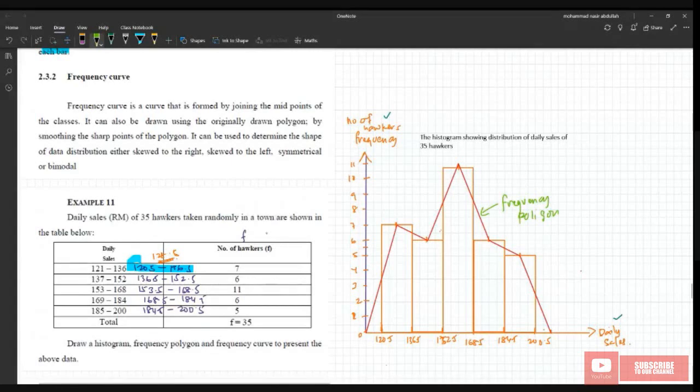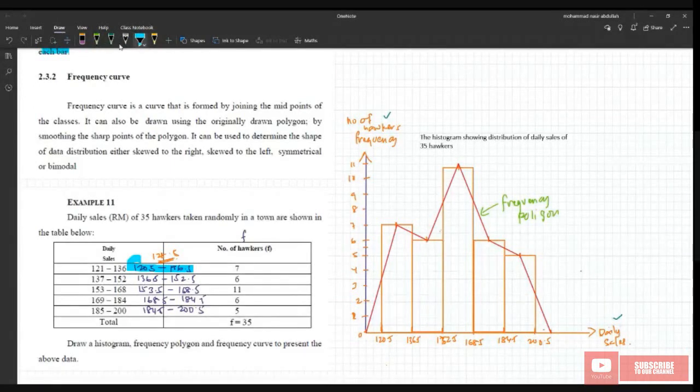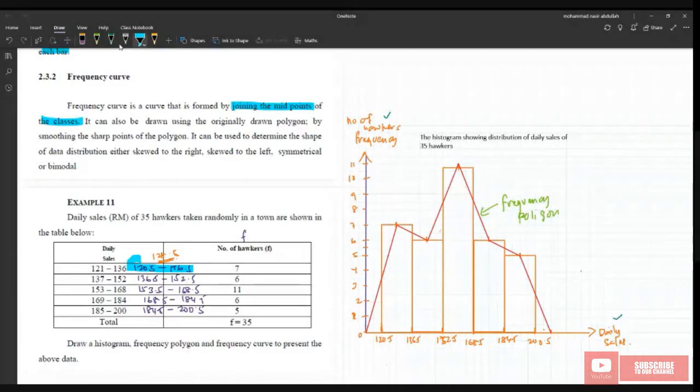For the next graph, a frequency curve. Frequency curve is a graph that joins the midpoint of each class. Same as the frequency polygon, right? It can also be drawn by using the original polygon by smoothing the sharp points of the polygon.